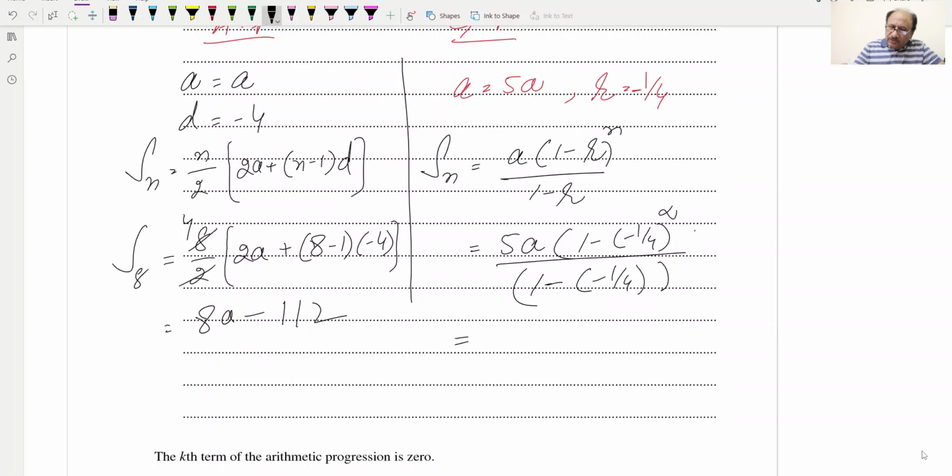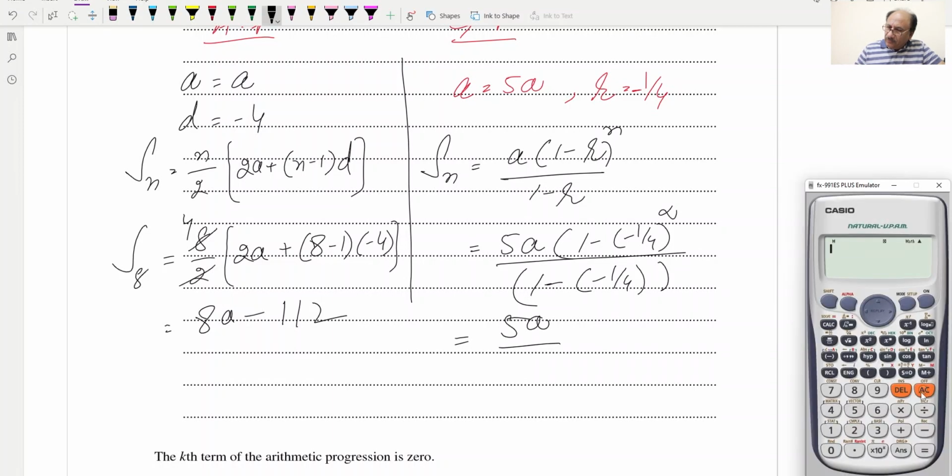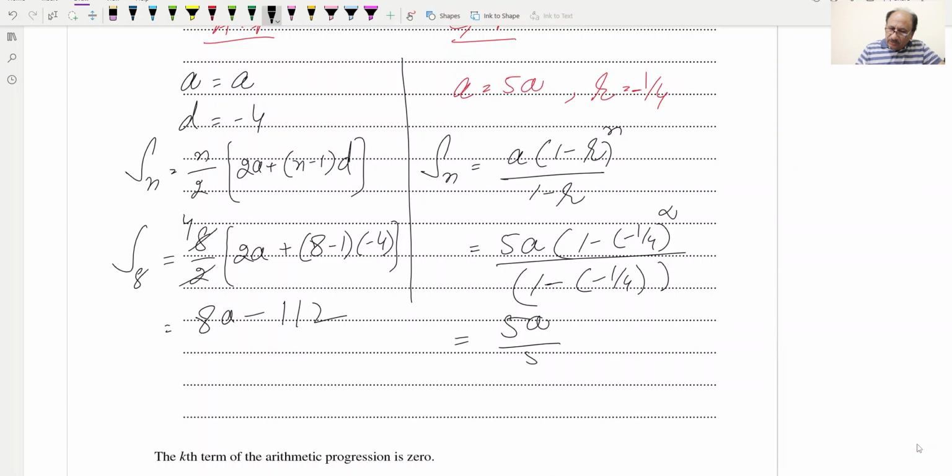This section will be resulting to 1. So this will be 5a over 1 plus 1 over 4, which is 5 by 4. So it will be 4a, 5 will be cancelled with 5. So 4a will be this one.